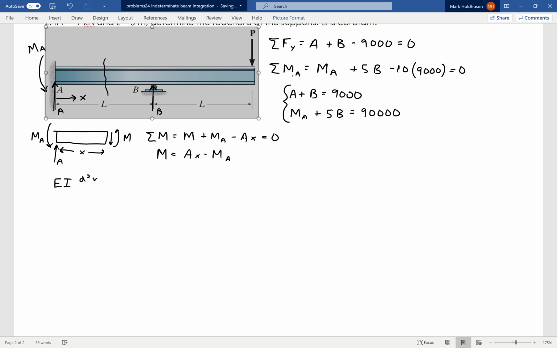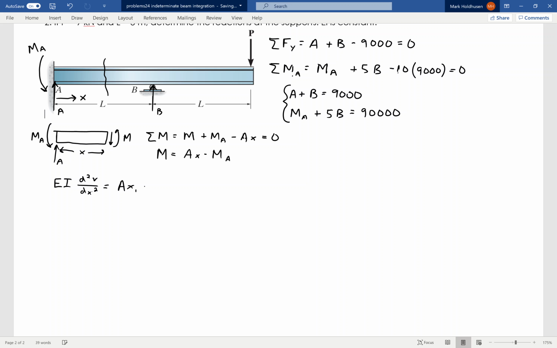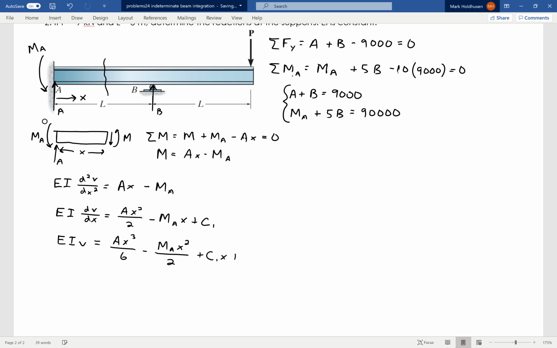So d squared v over dx squared equals AX minus M sub A. Integral 1, go to the slope, dv/dx, and I get A x squared over 2 minus MA times x plus c1. Integrate one more time to get to the deflection, and I get A x cubed over 6 minus MA x squared over 2 plus c1 x plus c2.